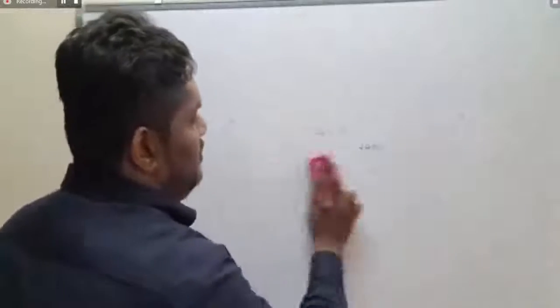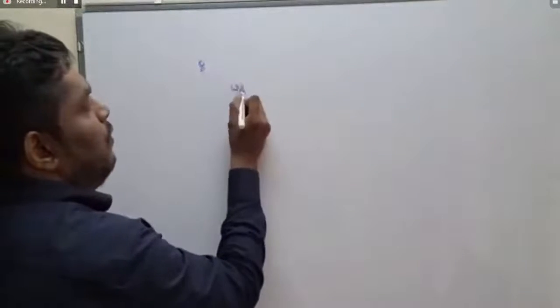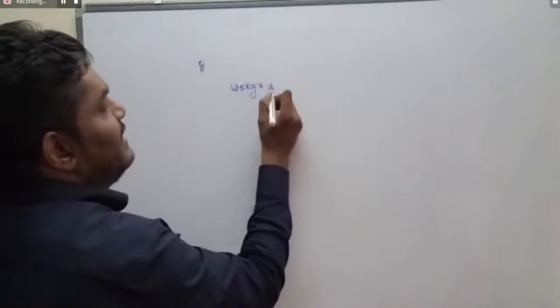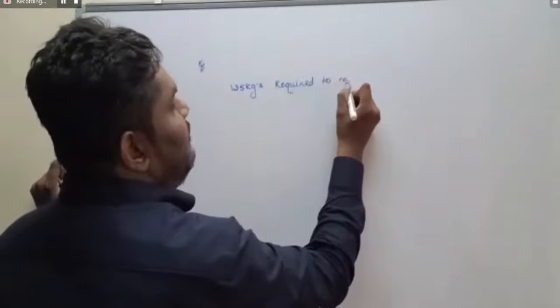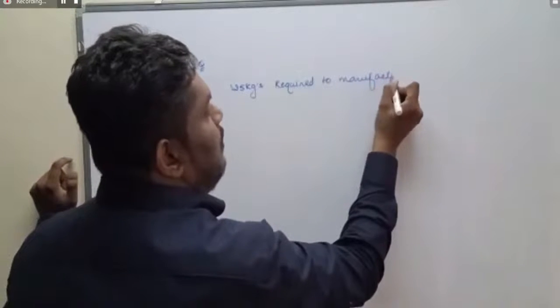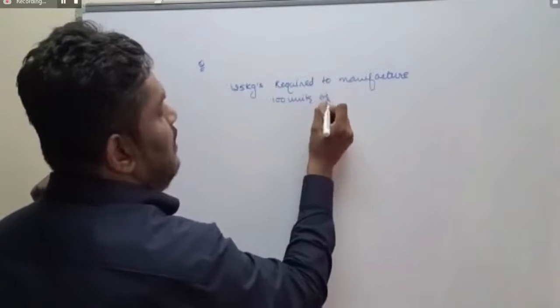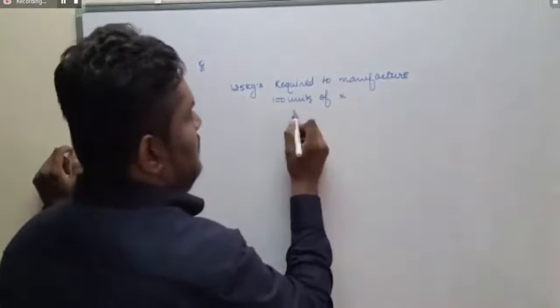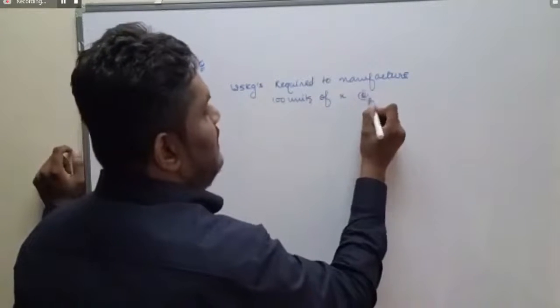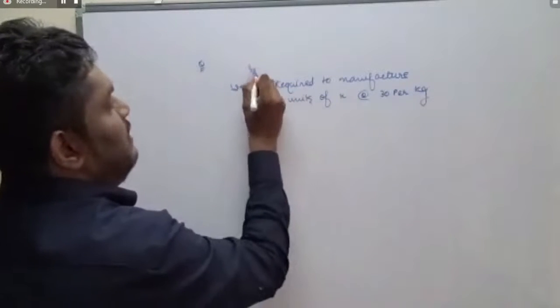Let's take one more question of material or labor, wherein 125 kg is required to manufacture 100 units of X. The price is at the rate of rupees 30 per kg. This is the budget.